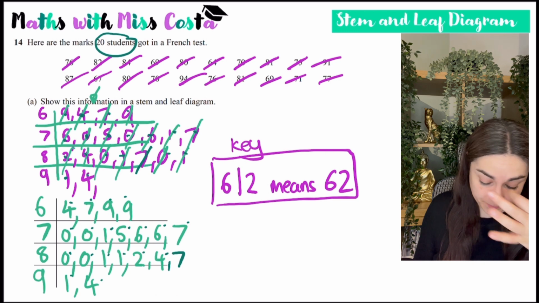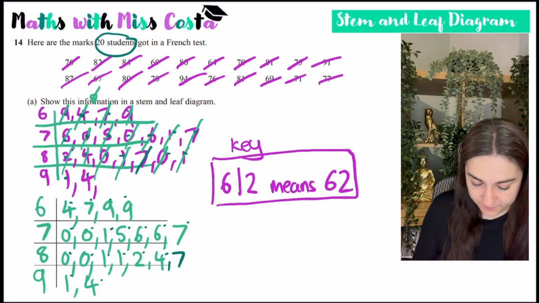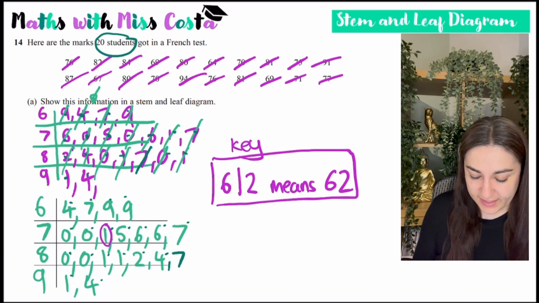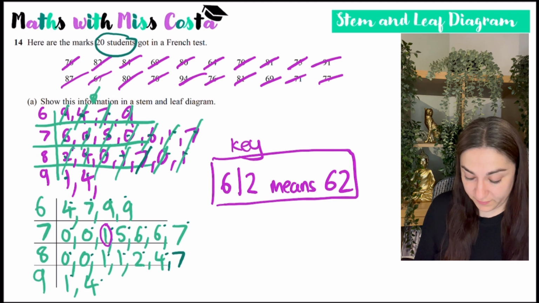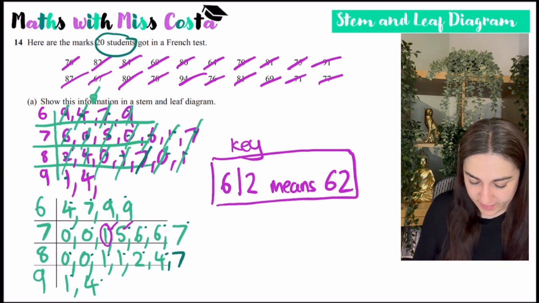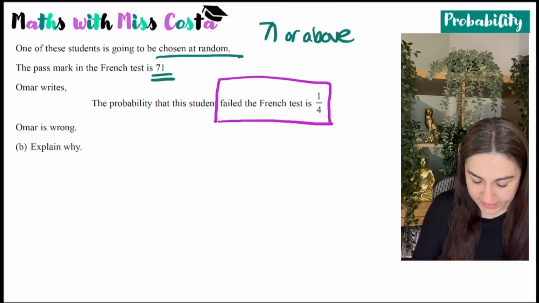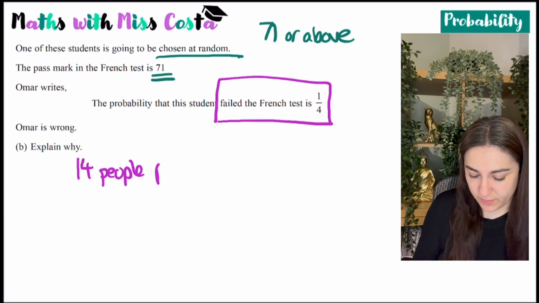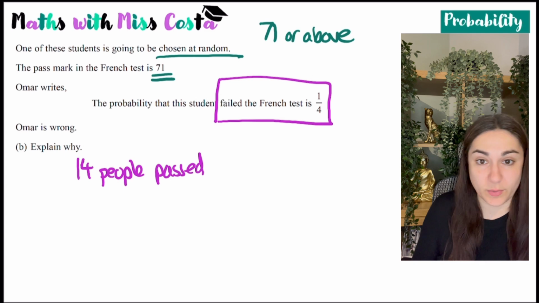So 71 is over here. So anyone that got 71 or above is passing. So how many people was that? That's 1, 2, 3, 4, 5, 6, 7, 8, 9, 10, 11, 12, 13, 14. So I know that 14 people passed, and I know there are 20 people in total.